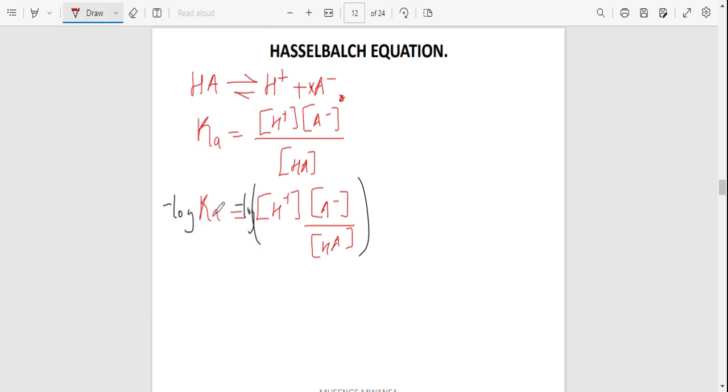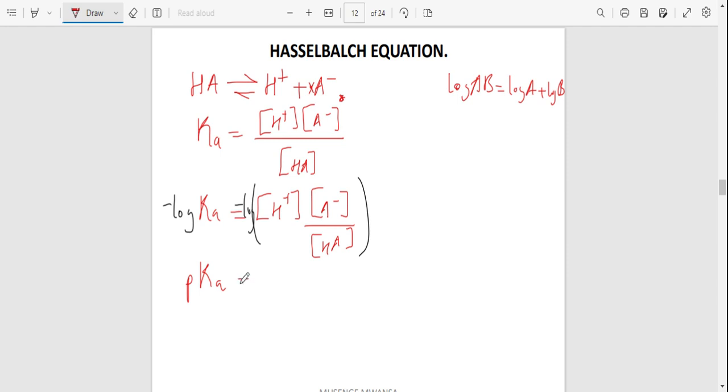Now, negative log of Ka, we already said this is going to be pKa. And then we know that for the rules of logarithms, if I've got log of AB, this means that we add log of A plus log of B, meaning that there was an addition. So I can actually split this.